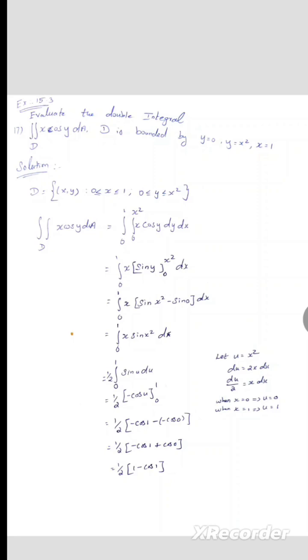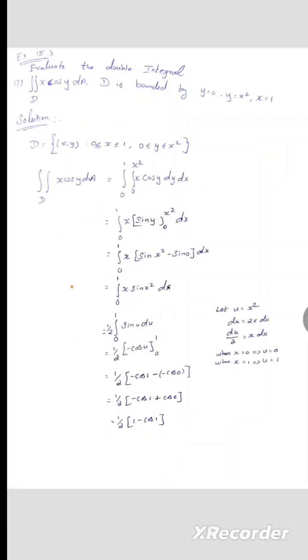Therefore, u equal to 0. And what is the limit for u when x is equal to 1? Again we are applying x is equal to 1 in u is equal to x square. Therefore, u equal to 1. Therefore, the limit does not change. The same will be the limit for u. Therefore, we will get integral 0 to 1 sin u into du by 2.